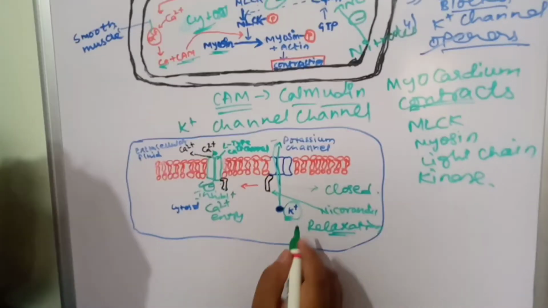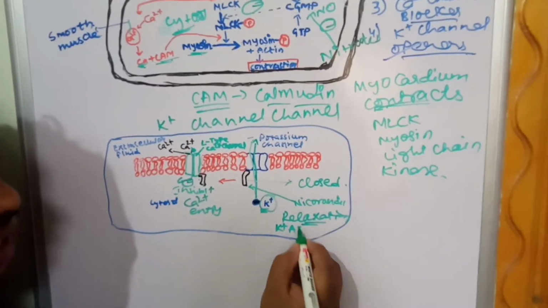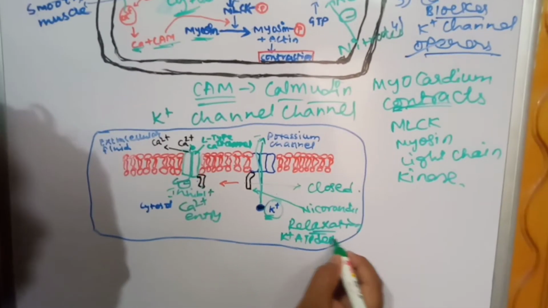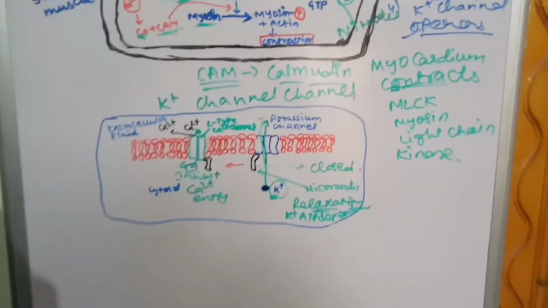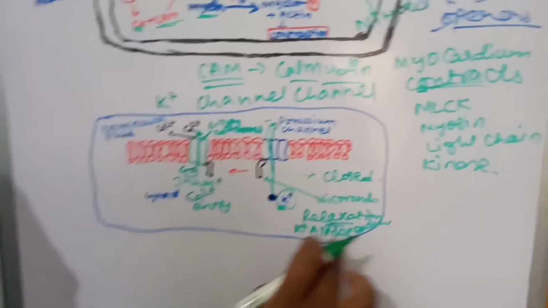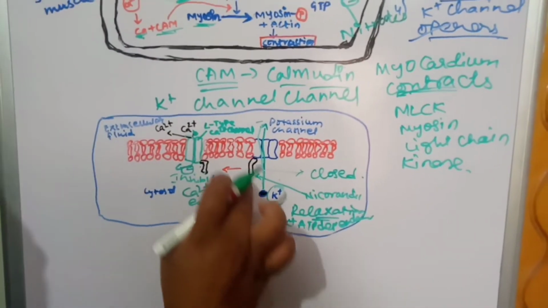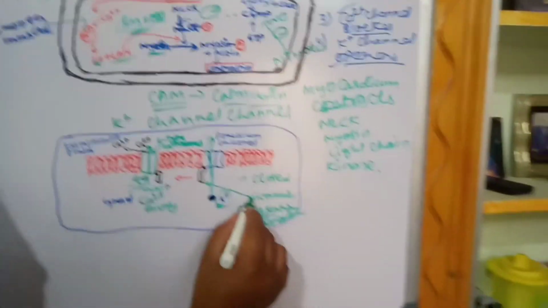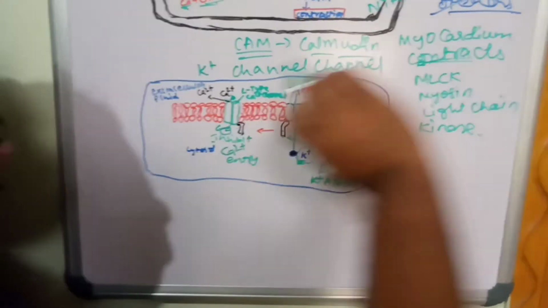So this is a potassium ATP dependent channel. What is it? The outgoing of potassium depends upon the energy source, that is ATP. That's why we call it a potassium ATP dependent channel. The ATP helps nicorandil open this key, and when it is opened, the gate is opened.